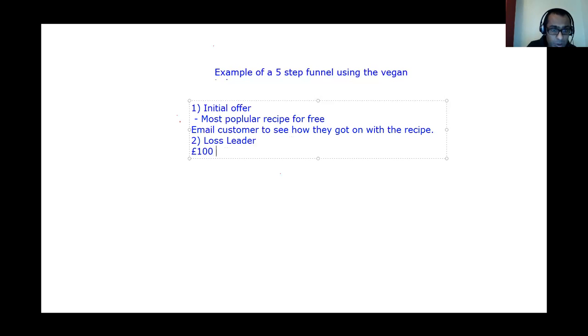So a £100 product being sold for £10. Bear in mind, these all have to show value. If you're saying that this product is worth £100, when they receive it, it has to give them the thought that yes, it is actually worth £100.